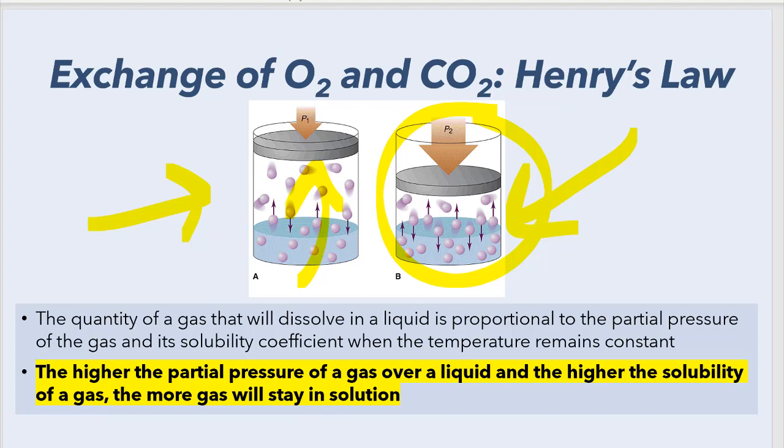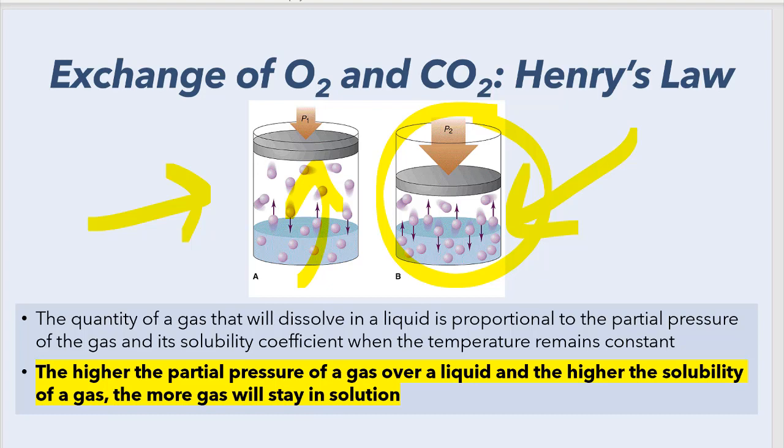For example, the solubility of carbon dioxide is 24 times greater than the solubility of oxygen, so it's more soluble at the same pressure. So there's that to consider as well. But the higher the pressure, the more likely it's going to remain soluble in that liquid.